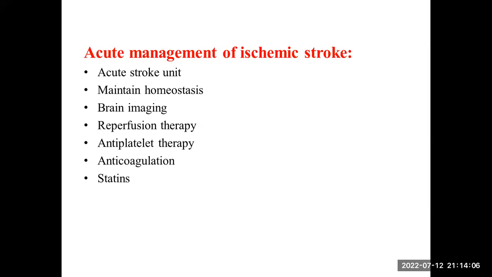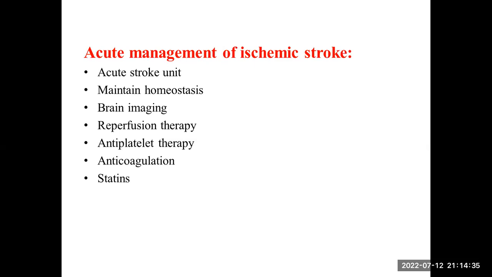Whatever the type of intracranial bleed, at any time, this is an absolute contraindication for thrombolytic therapy in acute ischemic stroke. Then also another contraindication is history of ischemic stroke or history of major, serious head trauma in the past 3 months.